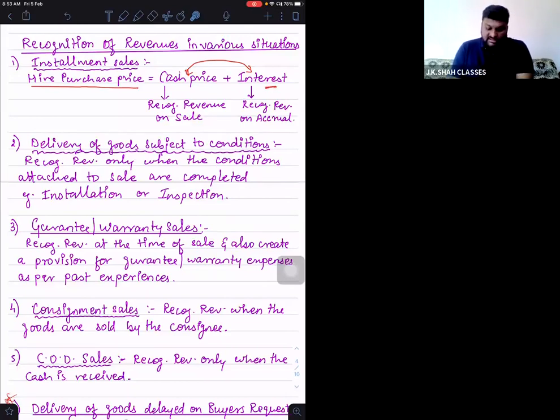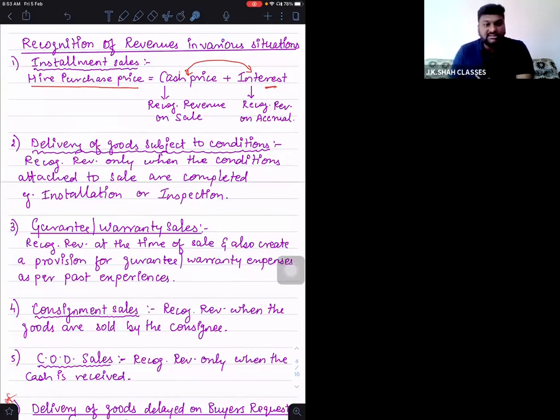Next is delivery of goods subject to conditions, like the lift example that I gave. If the conditions are that we will get it delivered plus installed, or installation or inspection will also be done by us, then technically the revenue from this sale will be recorded when the conditions are completed.